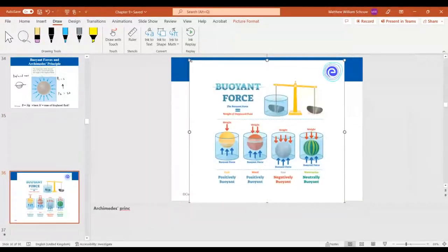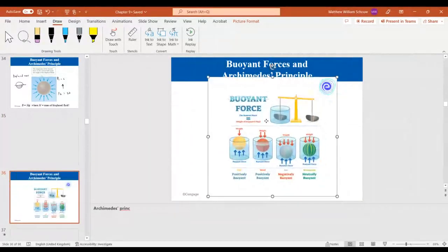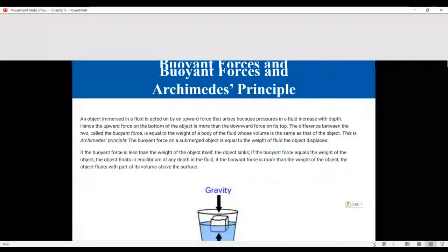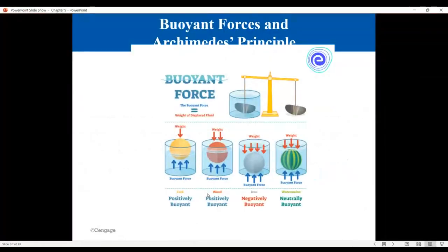So we have this cool image over here found on the internet, and this articulates what we're discussing, right? So there they're saying the buoyant force is equal to the weight of the displaced fluid, and always remember the buoyant force is given by the fluid.